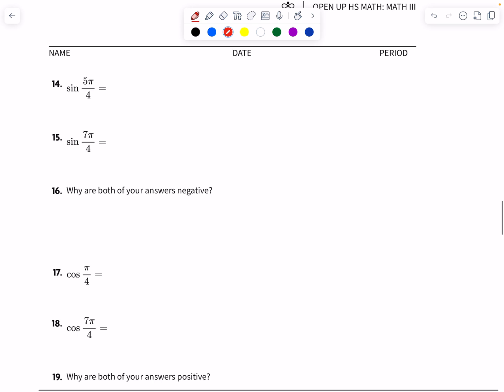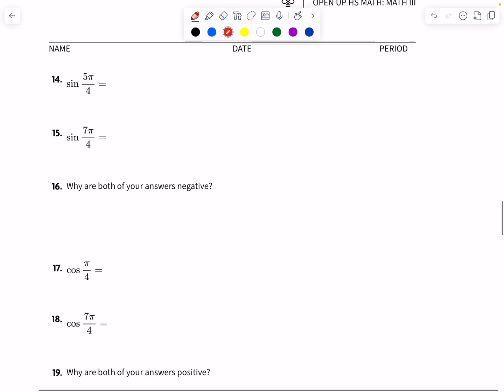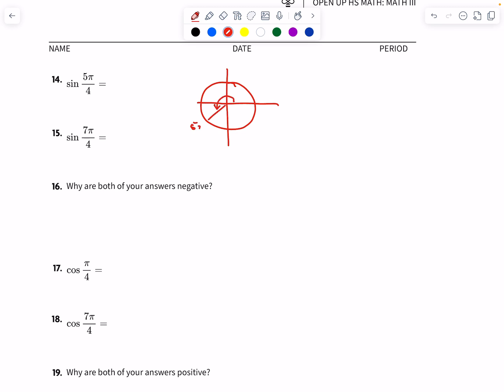Okay, next. Sine of 5 pi over 4. So where is 5 pi over 4? Remember, 5 pi over 4 and 7 pi over 4 are down below, and the height is negative.